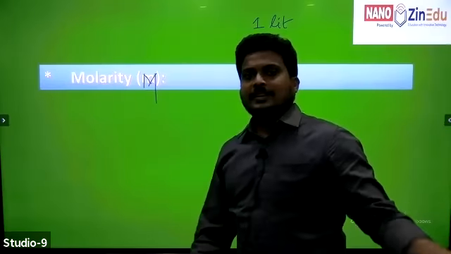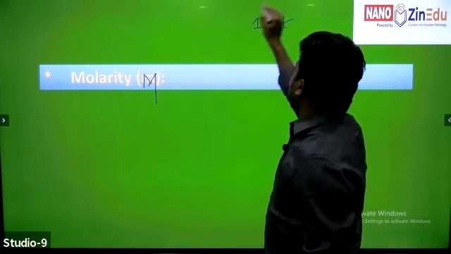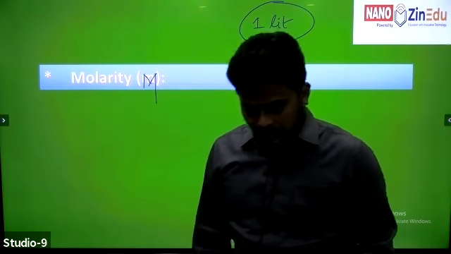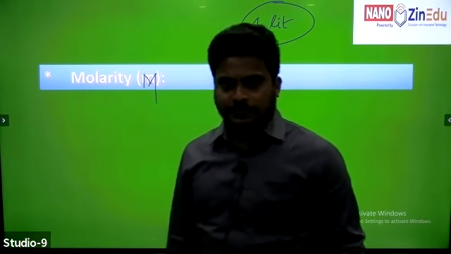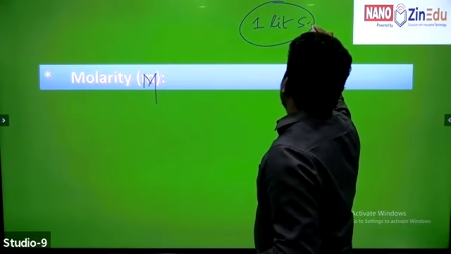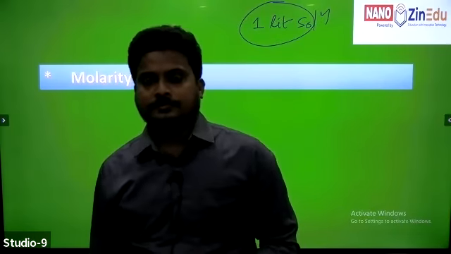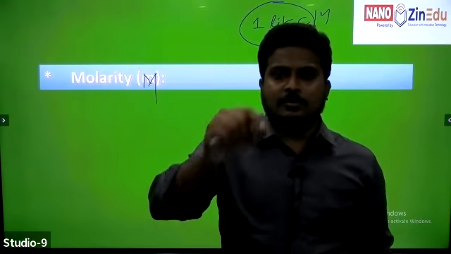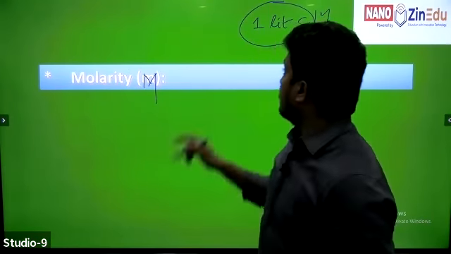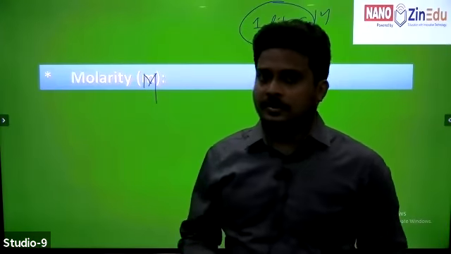For example, if x moles of solute are present in 1 liter of solution, then x is the molarity of the solution. If I am dissolving 5 moles of solute in 1 liter of solution, then 5 is the molarity of the respective solution. If I am dissolving 7 moles of solute in 1 liter of solution, 7 is the molarity of the given solution.